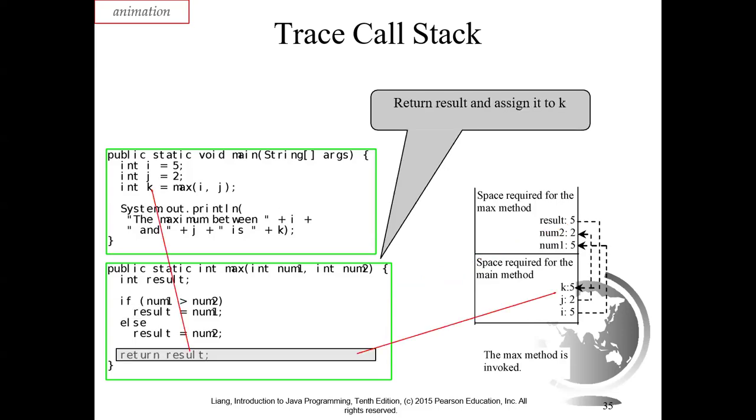Once we have our 5, the max method returns the 5 to the main method's k. As we can see here, the result is returning from the max method to the main method.